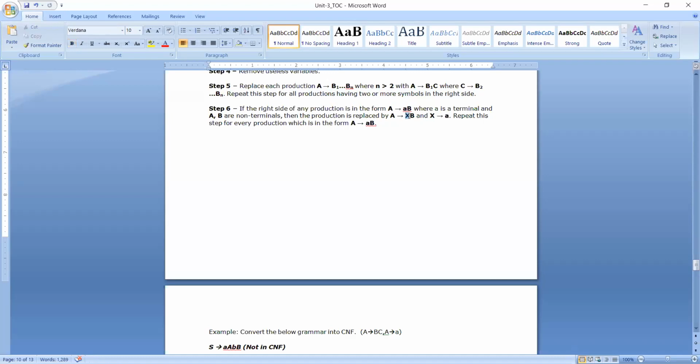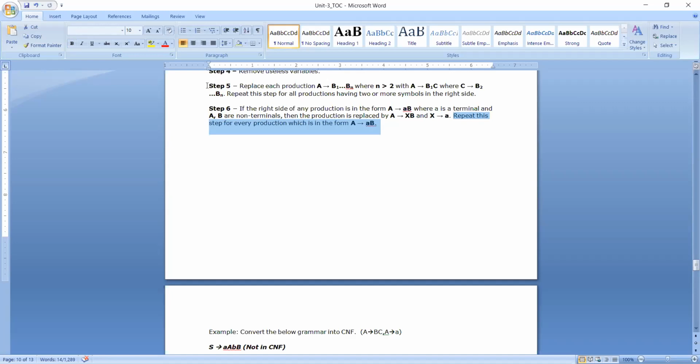Here he has taken only X, but it is possible that in our grammar we are going to get more such symbols. In order to avoid confusion, we use a variable called XA, and we need to specify that the XA production is small a. Now we need to repeat this procedure for each and every such symbol available inside the productions.